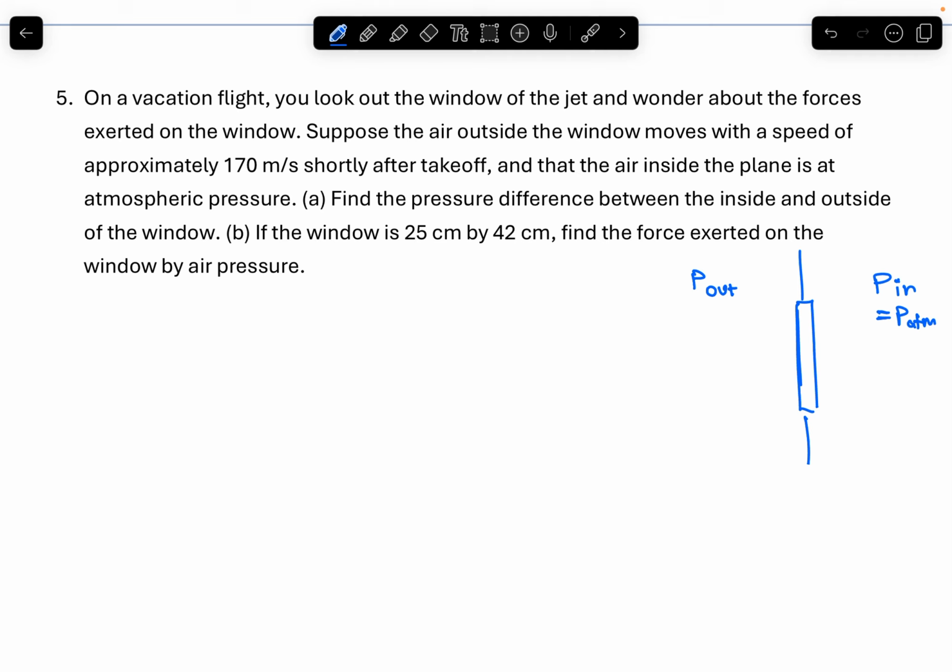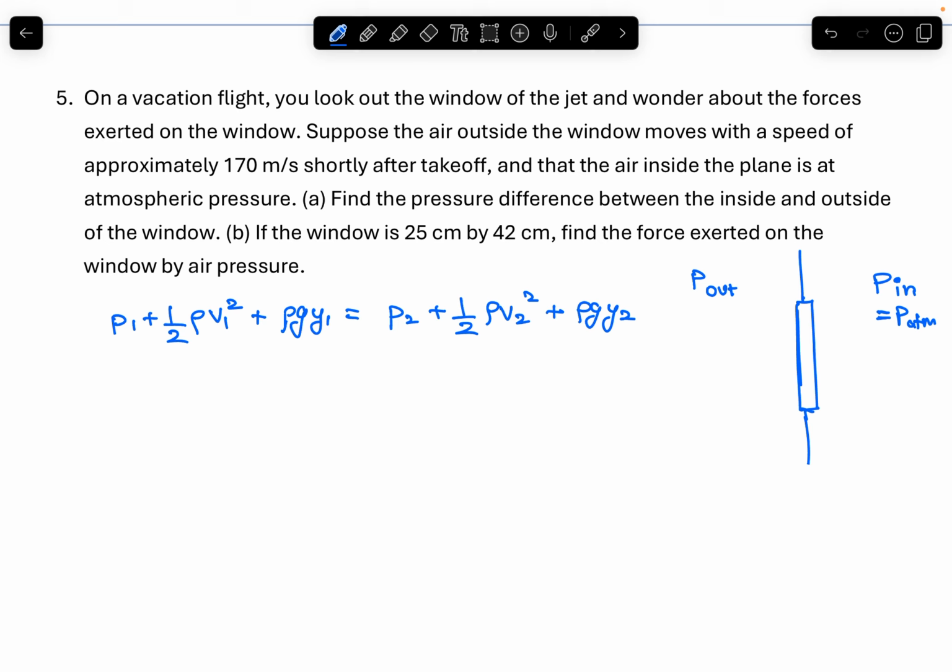Looking at this particular situation, I can apply Bernoulli's principle and say that P1 plus half rho V1 squared plus rho g y1 is equal to P2 plus half rho V2 squared plus rho g y2.